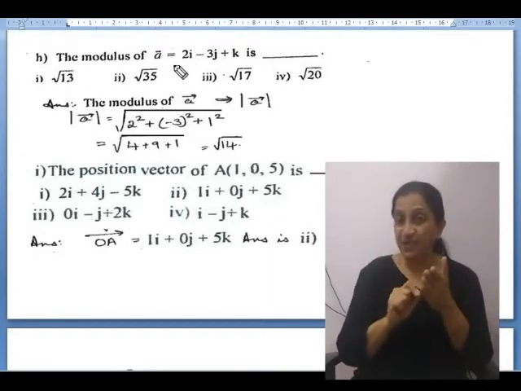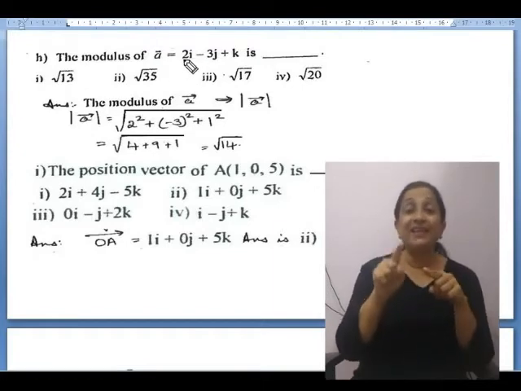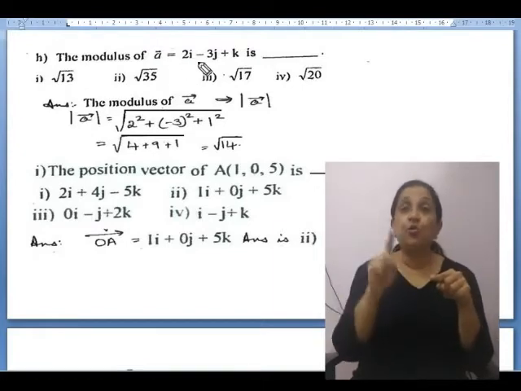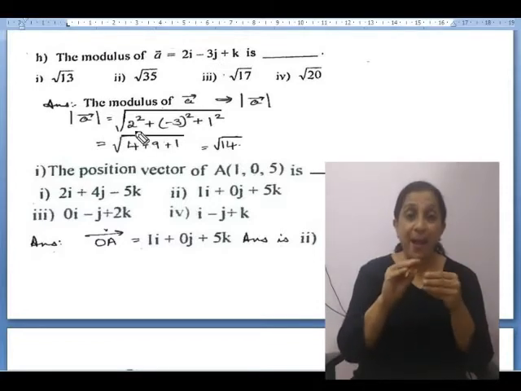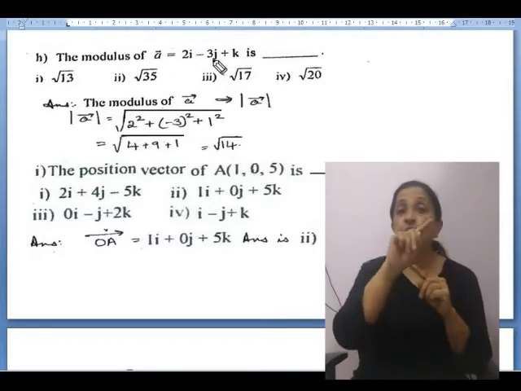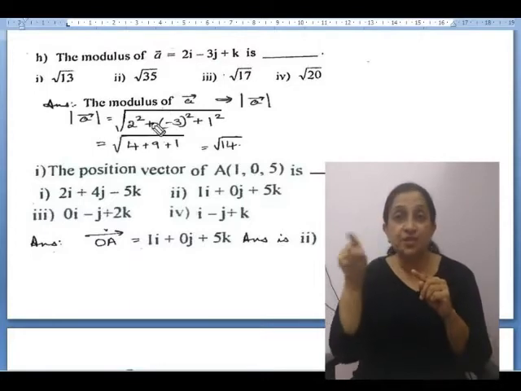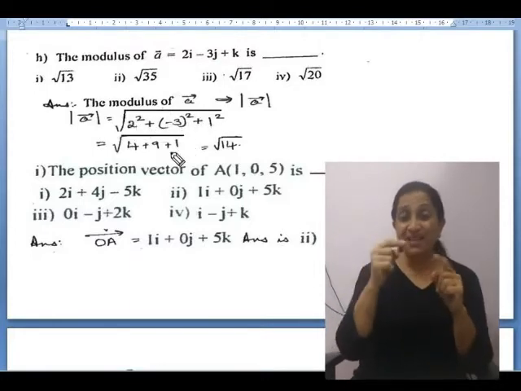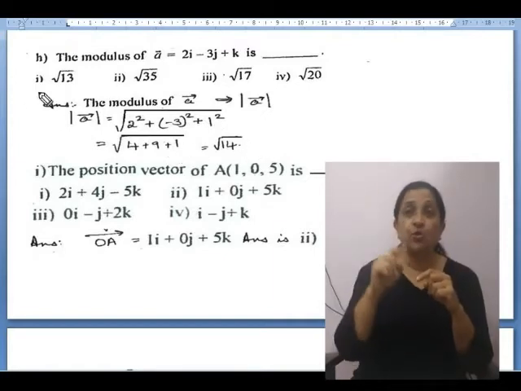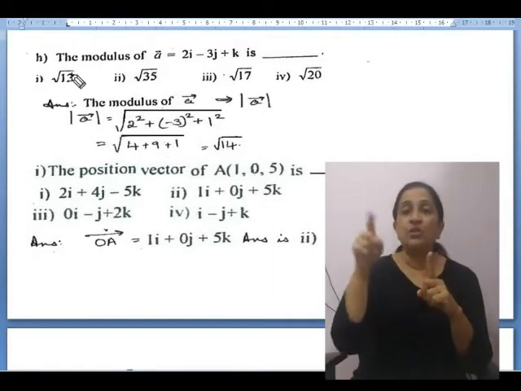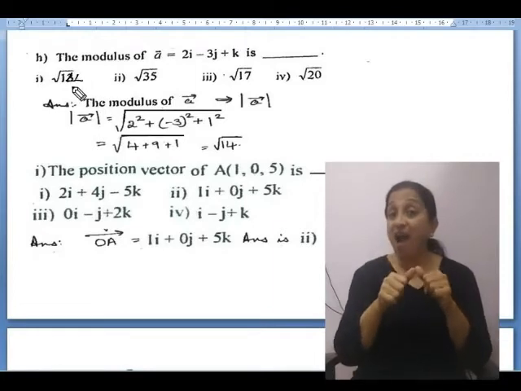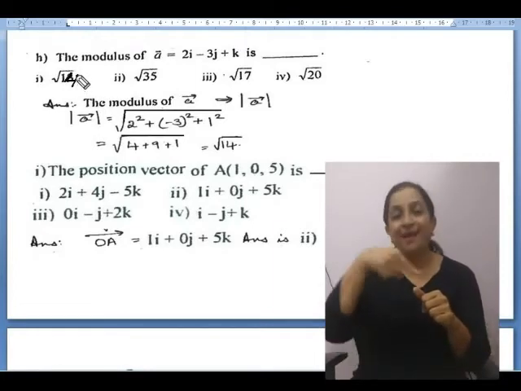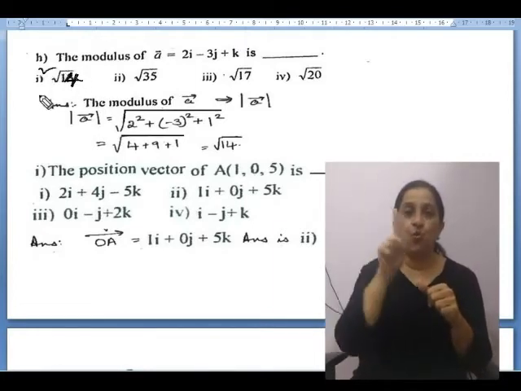It is nothing but the square root of the sum of squares of the coefficients of i, j, k. So the coefficient of i is 2, j is -3, k is 1. So 2 squared plus (-3) whole squared plus 1 squared, it becomes a total of 14. Unfortunately, the answer was wrong in the question paper. The choice should be 14. So this is the correct answer.